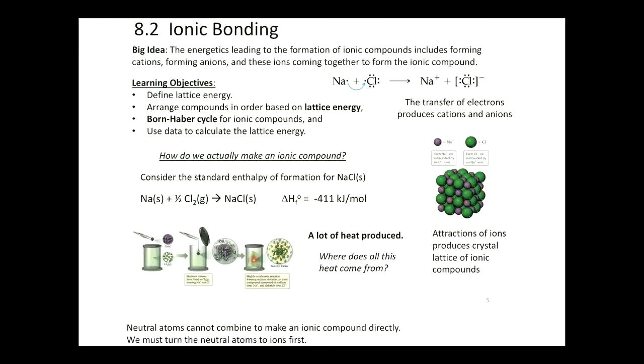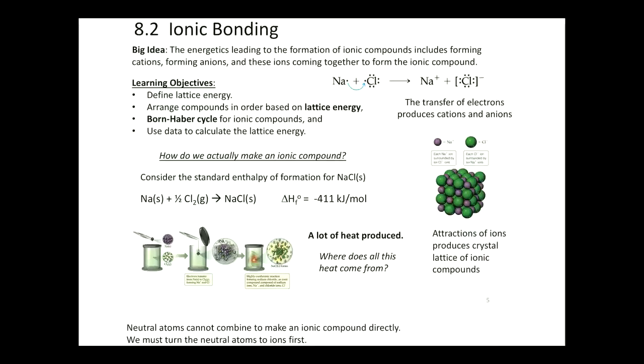We can think about what steps are involved to get us from reactants to products. That's Hess's law, and then we can add up all those individual steps, and that will equal the overall reactants to products.